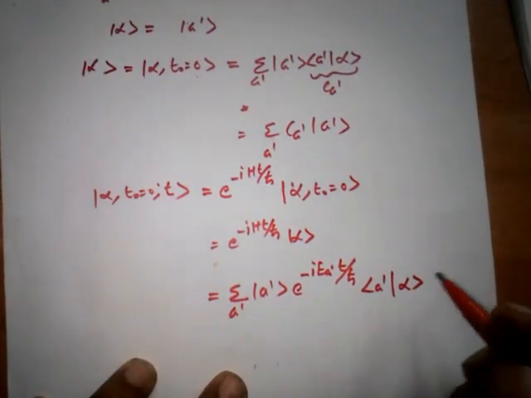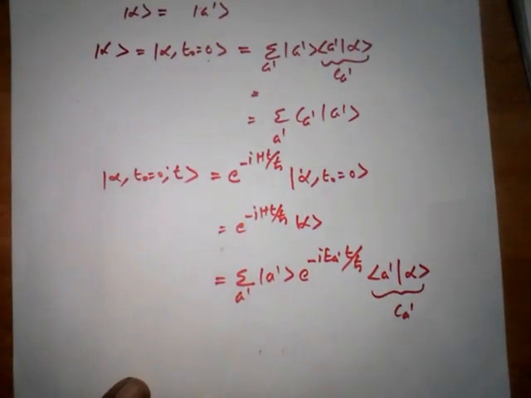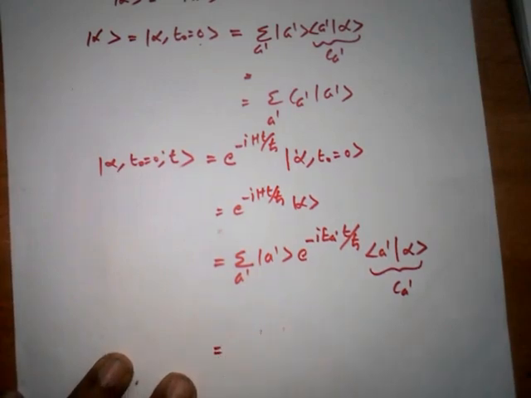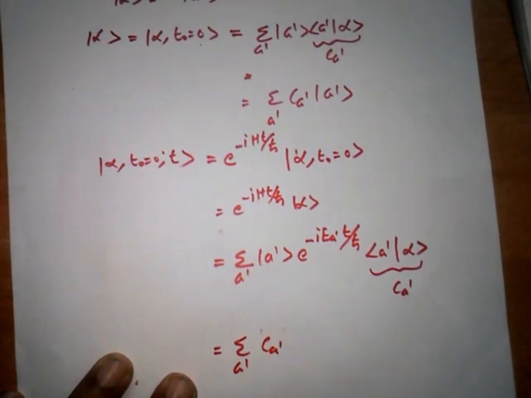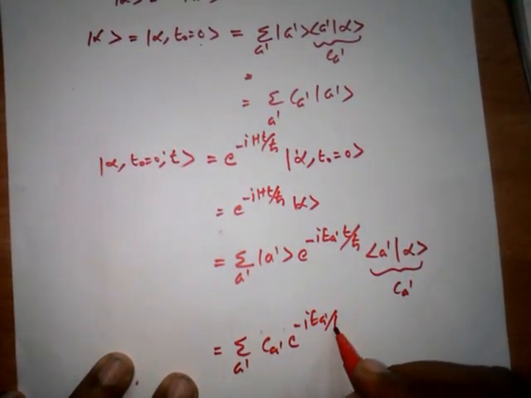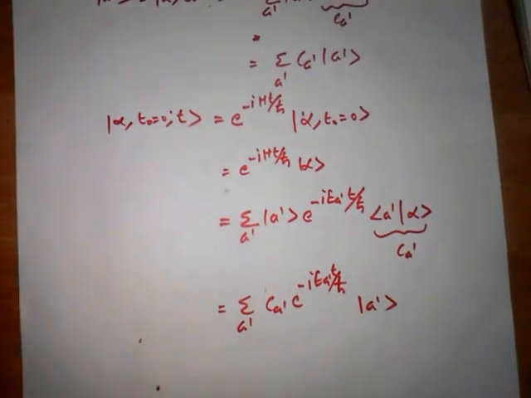Look at this. This term is c_a'. Okay, so we can write the sum over a' of c_a' times e raised to minus i E_a' t over h cross, and its base ket |a'>.